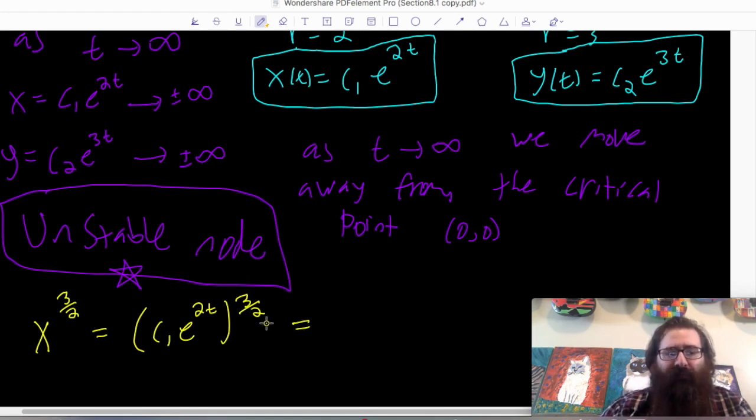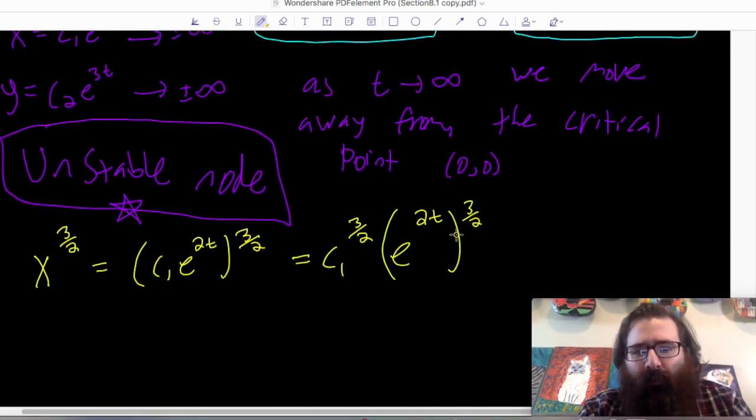So my coefficient c sub 1 gets affected by this new exponentiation. So we have c sub 1 to the power of 3/2. And then we have e to the power of 2t to the power of 3/2 as well.